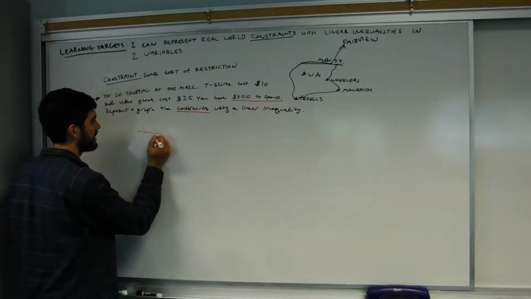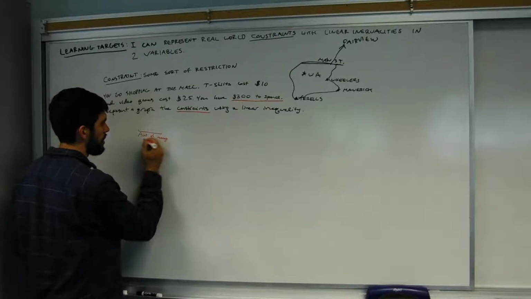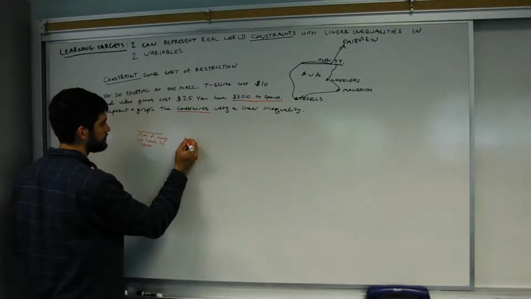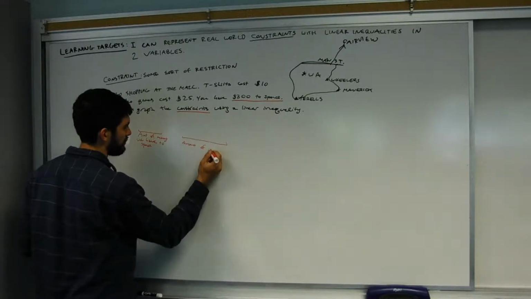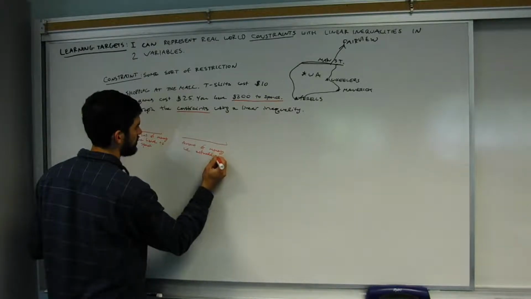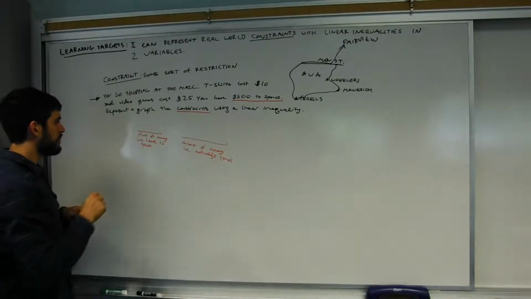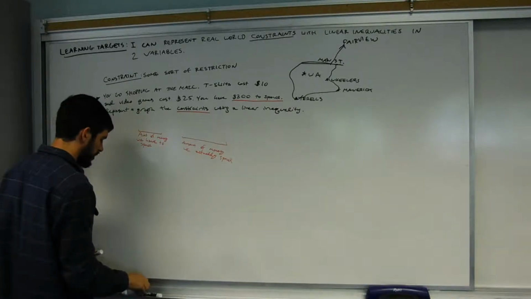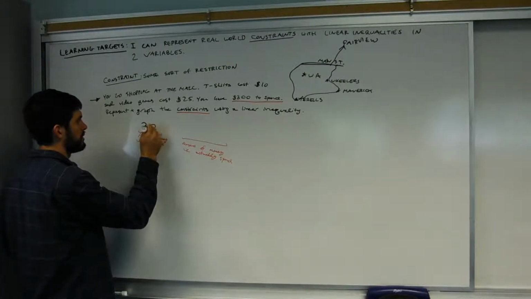On one side, we're going to have the amount of money we have to spend. How much money do we have to spend? We're given it right here in the problem. We have $300 to spend. So we have 300.